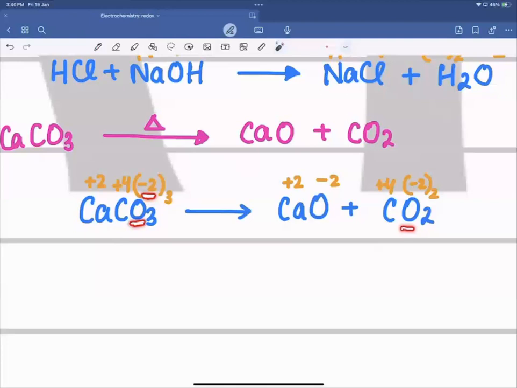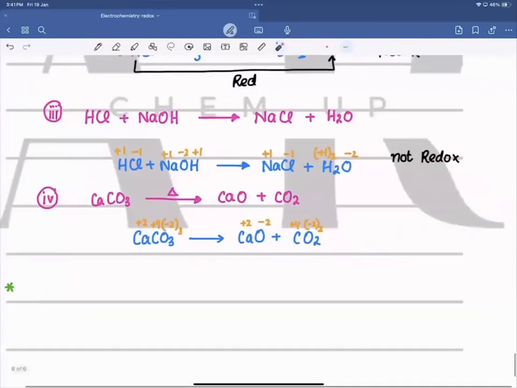And here again, one oxygen atom is still -2. So there is no change in the oxidation number in this equation as well. Okay, sir. So you have to do it like this. Yes, Ahmad, is this clear to you as well? Yes, sir. Okay, great. Yes, Hamza, did you understand? Yes, sir. Okay.